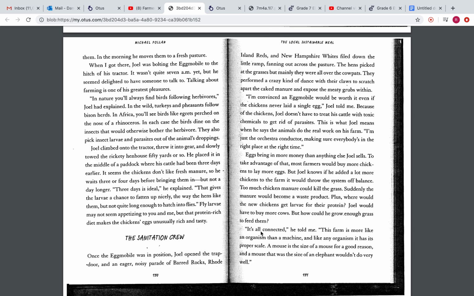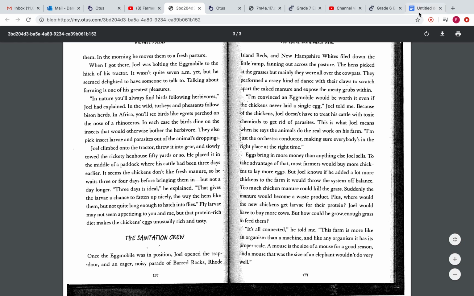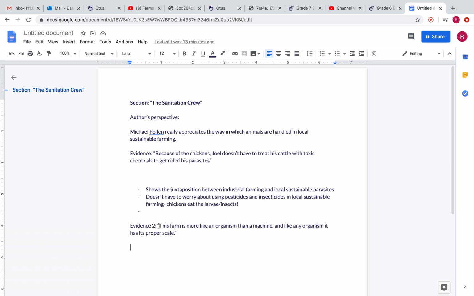So if we're looking for evidence of how we know that the author feels that local sustainable farming is the best way of farming, we could look at this quote right here. "This farm is more like an organism than a machine. And like any organism, it has its proper scale." A human being, or a living thing, is what an organism is, and that's what he compares his farm to, right?